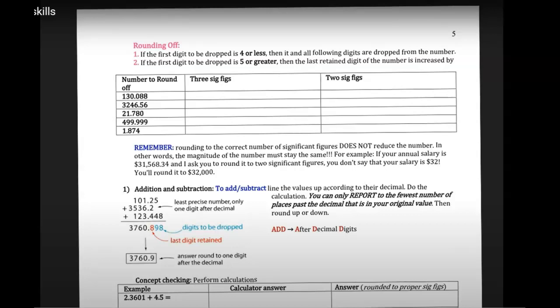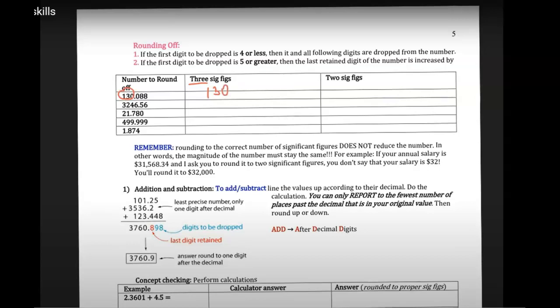And let us look at the example. 130.088, and I need to round it to 3 significant figures. So this is my 3 significant figures, so 130. If I leave it like this, look at what happens. Then I have only 2 significant figures because my trailing 0 would not be considered significant.